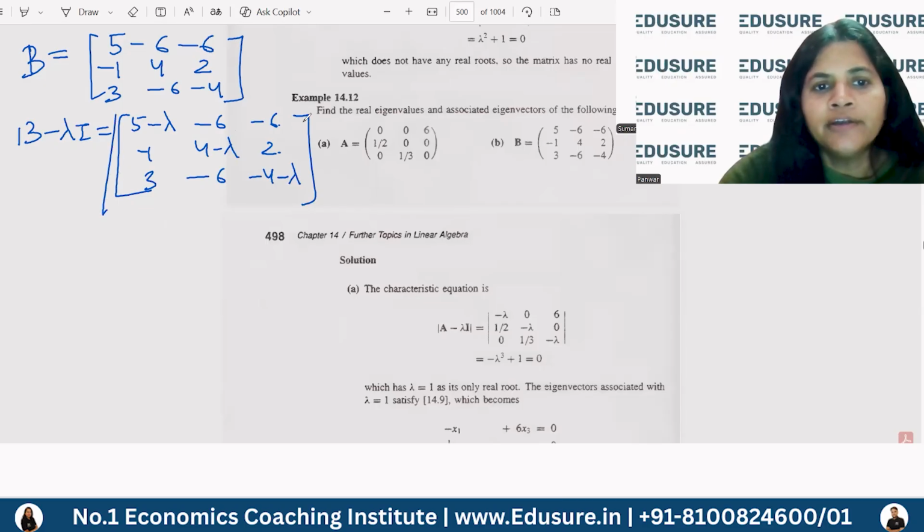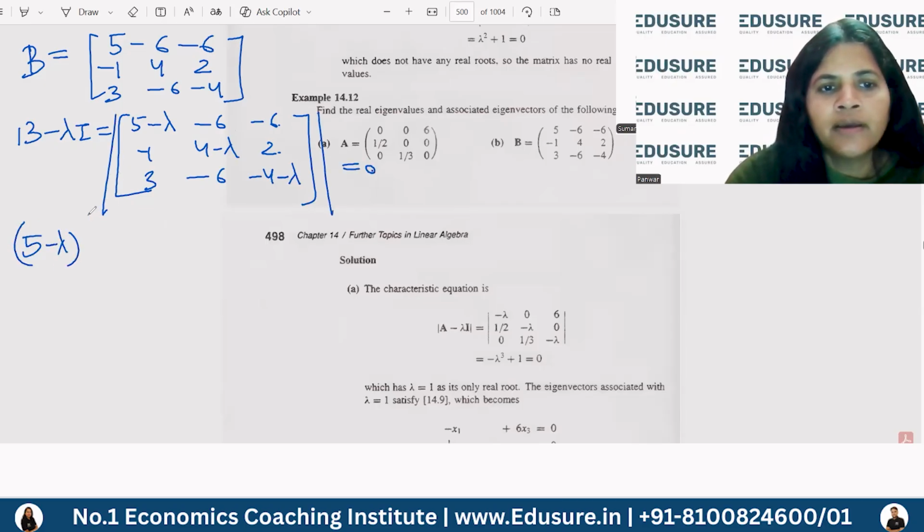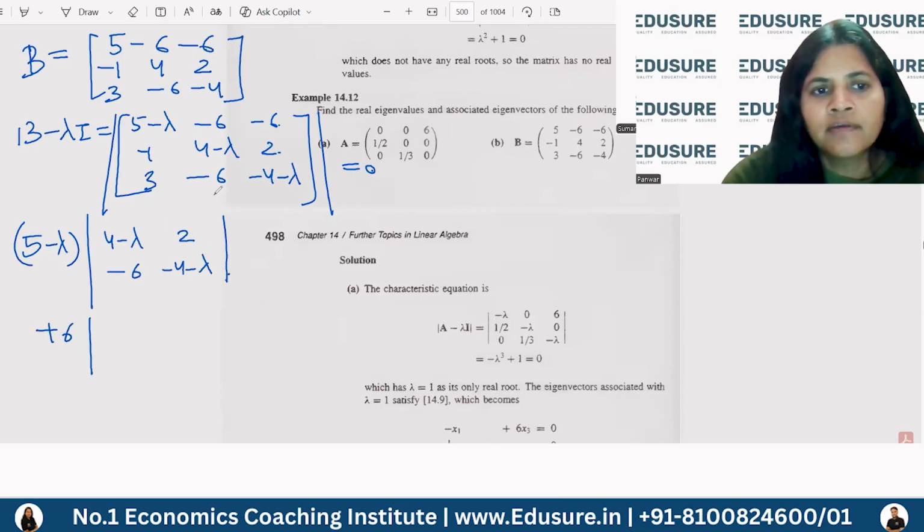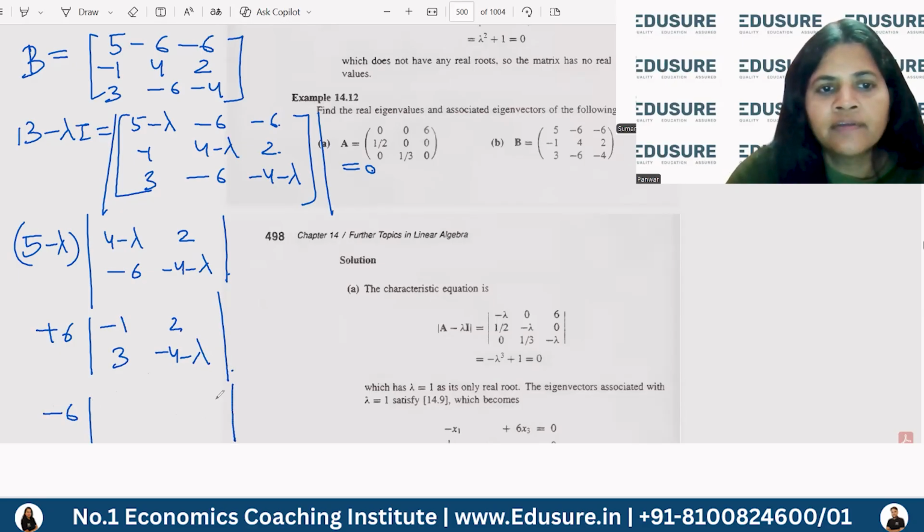I want the determinant to be 0. So I should have (5 minus lambda) times the determinant of 4 minus lambda, 2, minus 6, minus 4 minus lambda, then plus 6 times the determinant of minus 1, 2, 3, minus 4 minus lambda, and then minus 6 times the determinant of minus 1, 4 minus lambda, 3, minus 6. This should be equal to 0.